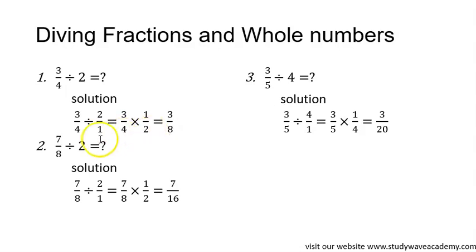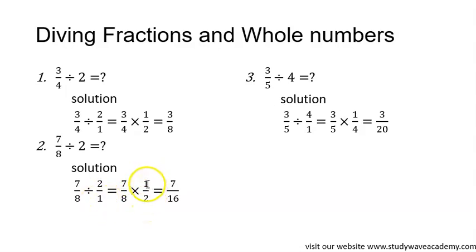Good. Here we also have 7 over 8 divided by 2. What do we do? We change the whole number into a fraction, right? By putting it over 1. So 7 over 8 divided by 2 over 1. When we are done doing this, what do we do? The denominator goes up and the numerator comes down. Then the division sign changes to multiplication. So we have 7 over 8 times 1 over 2.